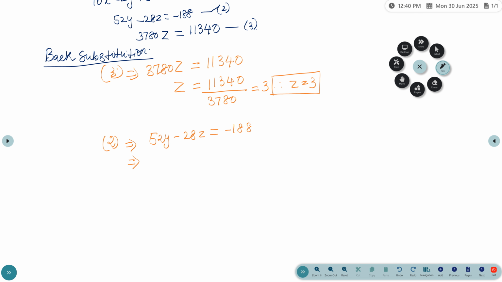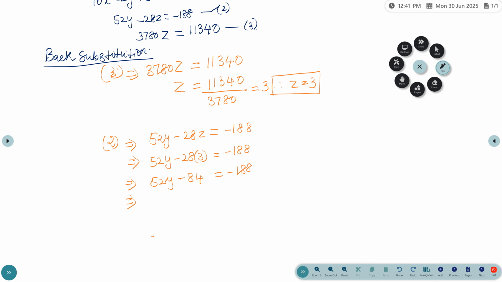So 52y minus 28, in place of z substituting 3, is equal to minus 188. What is the answer for minus 28 into 3? Minus 84. So 52y minus 84 is equal to minus 188.